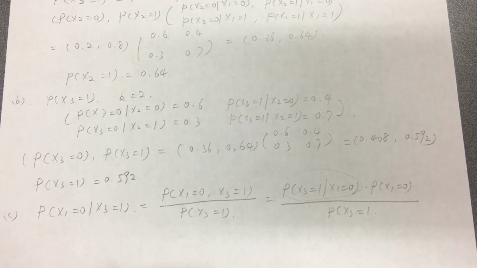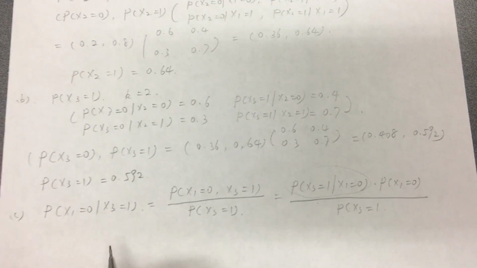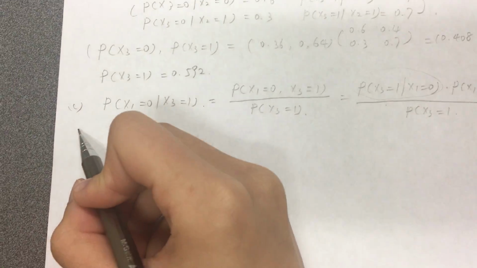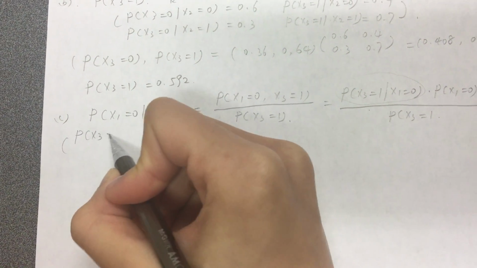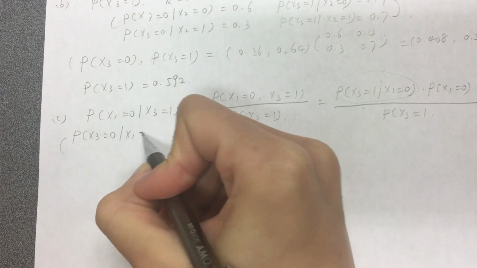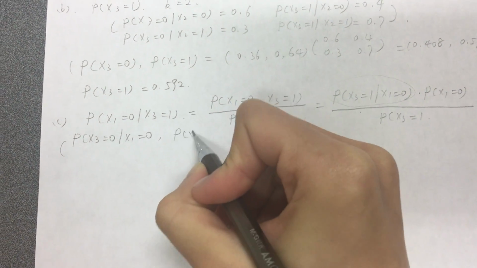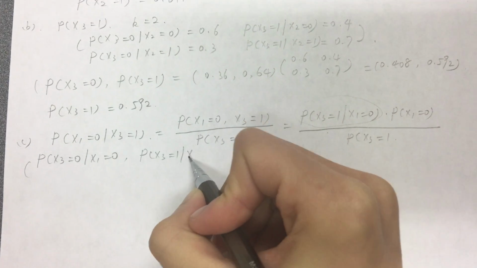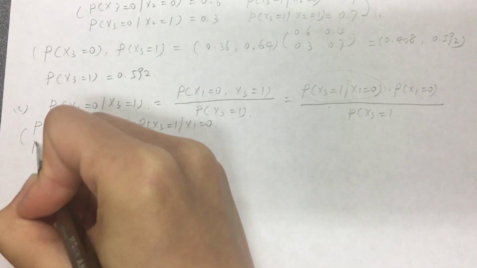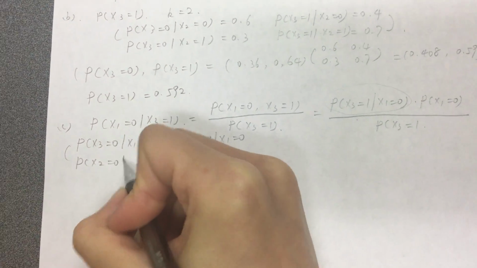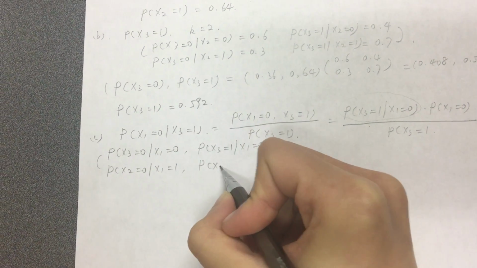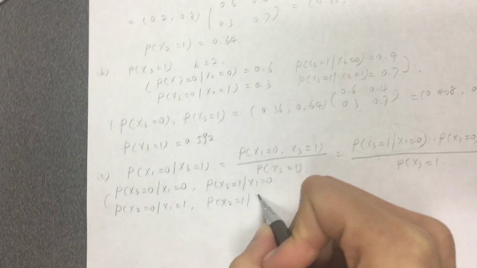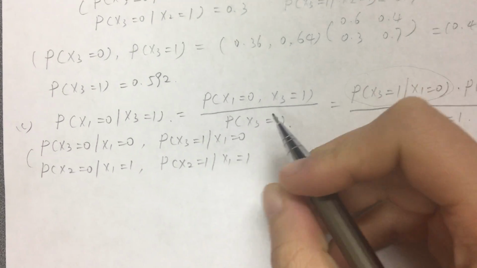So the product of these two matrices is the matrix of P(x3 given x1).